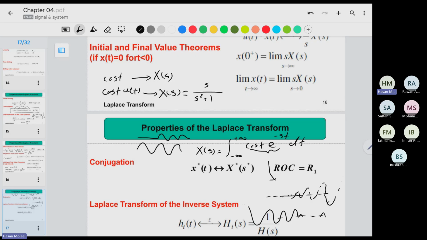Which means at least on one side, its amplitude is going to go to infinity. So we cannot define the Laplace transform for that here. We cannot find this area because it's growing.